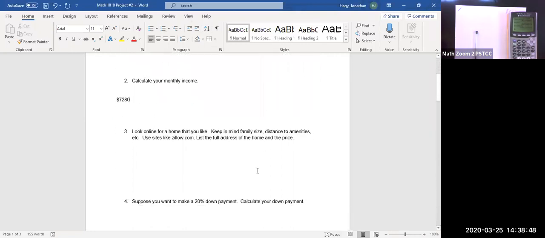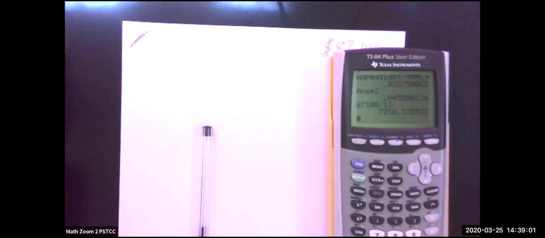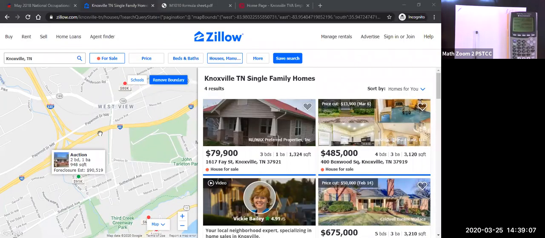Now for question 3, what I want you to do is look around for a house that you like. I like looking around on websites like Zillow. So here, I'm in the general vicinity of the Division Street campus.